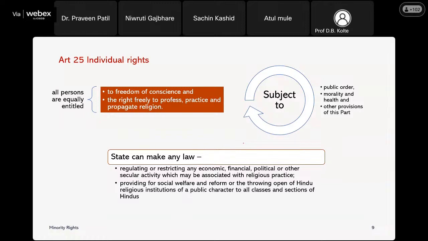Once you believe in a particular religion, you have a right to profess, practice that particular religion, and propagate it also. Of course, as I said, subject to public order, and this is state intervention, by the way, subject to public order, morality, and other provisions of this Constitution.